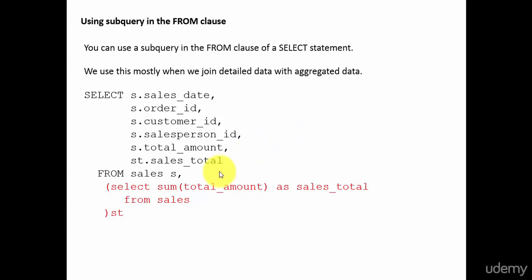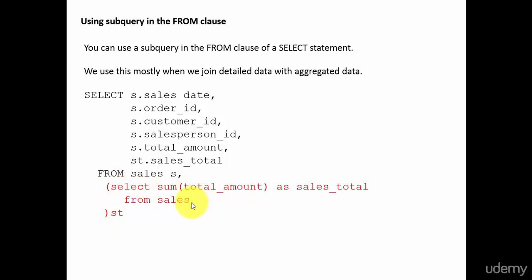See, here we are selecting the data from the sales table, like your sales date, order ID, customer ID, salesperson ID, total amount, and then here you see there is a subquery. This is one subquery and I'm naming it as ST. What am I doing in the subquery? I'm getting the sum of total amount from the sales.